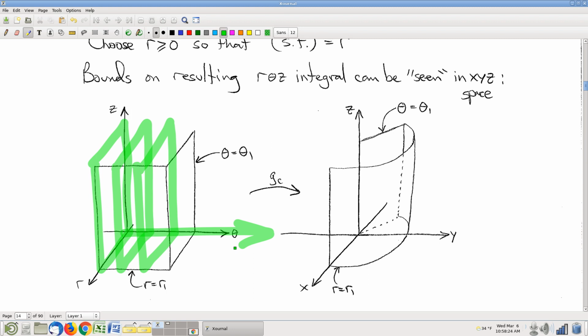I can draw those slices right here in XYZ space. Here's that first theta slice where theta equals 0. Here's the next theta slice where theta is some slightly larger value. Here's the next theta slice where theta is yet a little larger. I can draw and see those slices over here in the XYZ space. I don't need to draw them in the pullback. I don't need to draw the pullback space at all.